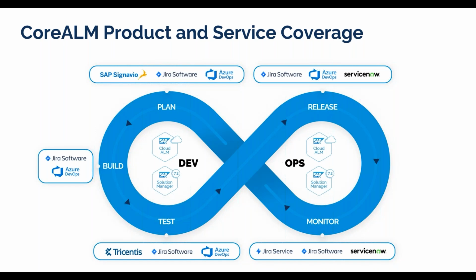Our primary testing tool is really Tricentis. Historically, we'd always promoted the SAP Solution Manager tools, but moving forward, we're going with Tricentis. And then on the release and monitoring side, you can see that we also have integrations into Jira as well as into ServiceNow and Azure DevOps.